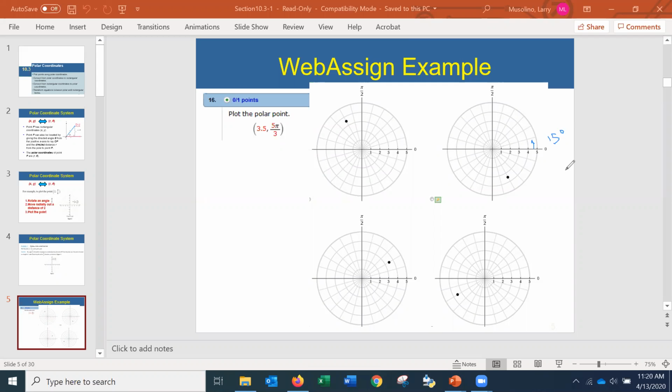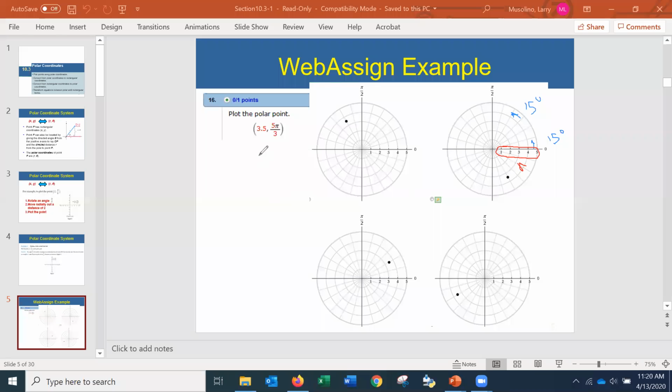So when you rotate an angle, keep in mind that each one of these small pizza slices represents 15 degrees of rotation. And then you'll also notice there are these concentric circles that are labeled with the R values.